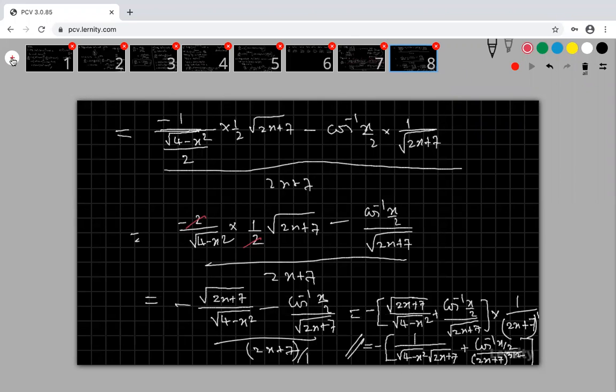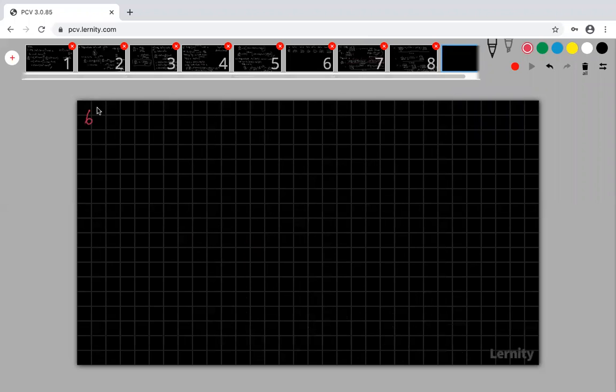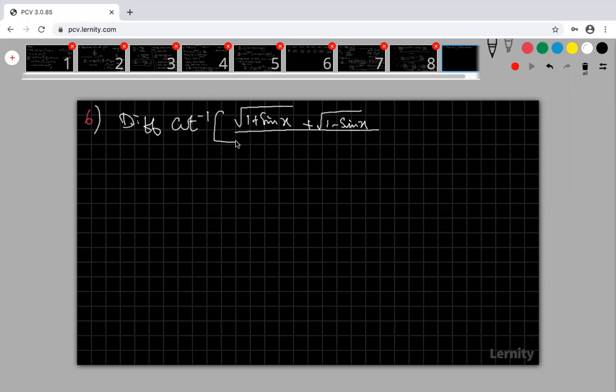Right, now come to the next problem, sixth one. This is a very important problem. Differentiate cot inverse of root of 1 plus sin x plus root of 1 minus sin x divided by root of 1 plus sin x minus root of 1 minus sin x.